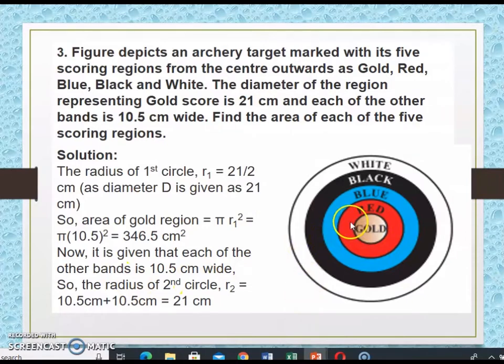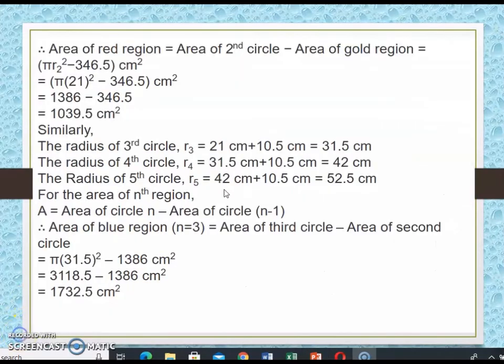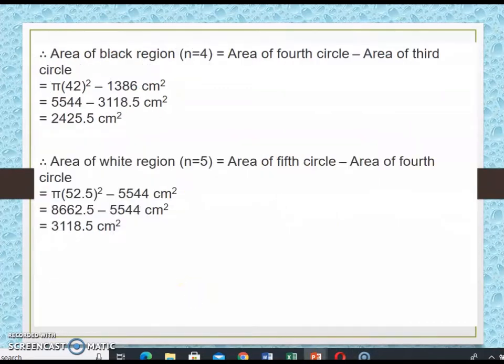So similarly, keep on subtracting the previous areas from it. So you will get the area of this region. So these are the radii and areas will be found similarly, for the blue region, black and white.